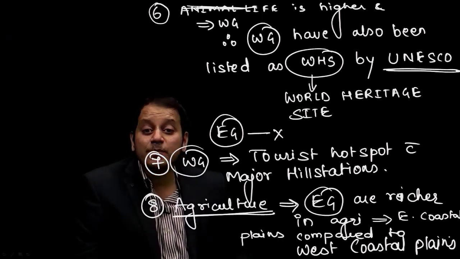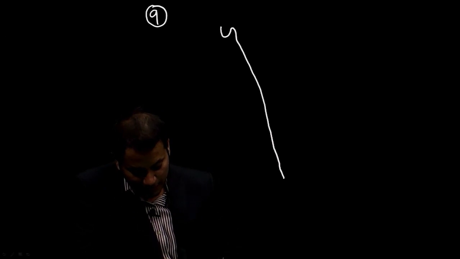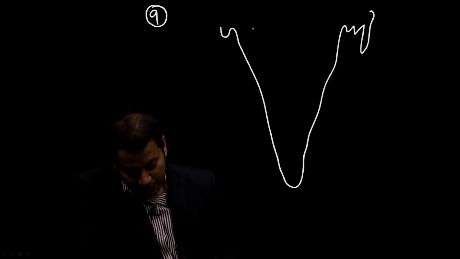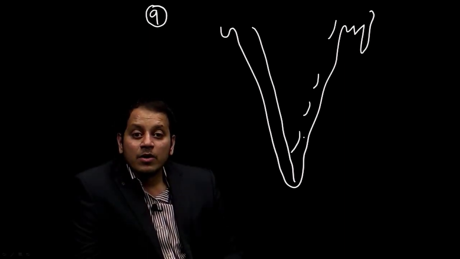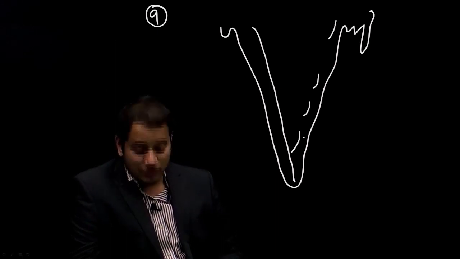Now, the major point of difference, that is the 9th point. If I draw a map of India, if this is the Western Ghat region, and these are the Eastern Ghats region, there are numerous rivers, the bigger rivers of peninsular India.